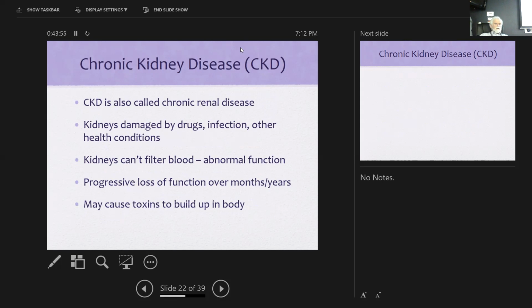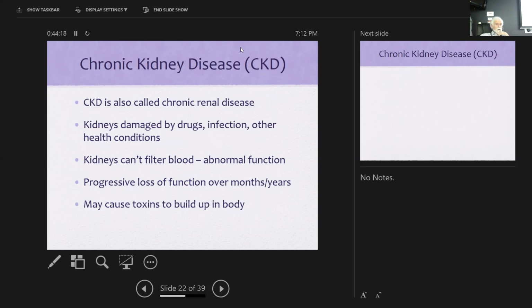The kidneys get damaged. Something happens. Maybe drugs. There are drugs that will really wipe out your kidney. Infections can really do a lot of damage. Physical assault on the kidney, accident, trauma to the kidney can also cause this.